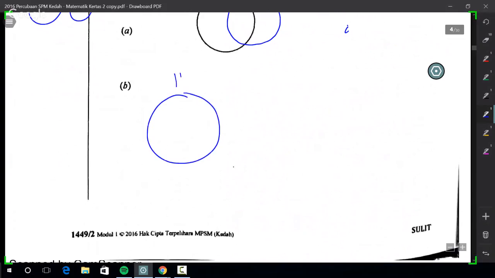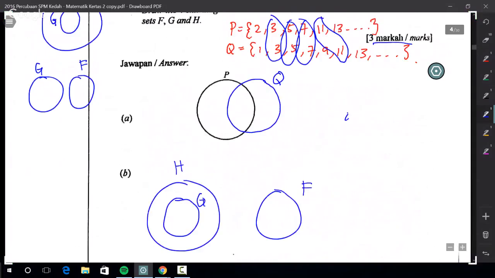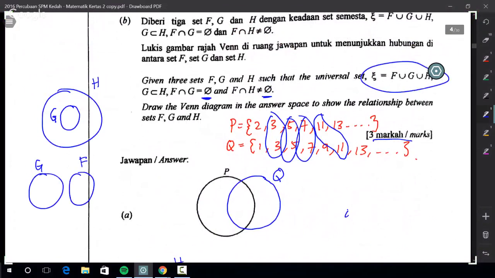This one is H, this one is G, and this one will be F. You cannot join them together because F cannot intersect with G and cannot intersect with H, since both have the empty set. Whenever you see this symbol, it is the empty set. Empty set basically means there is nothing.